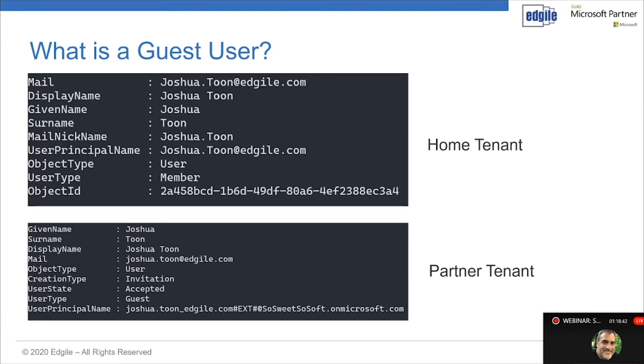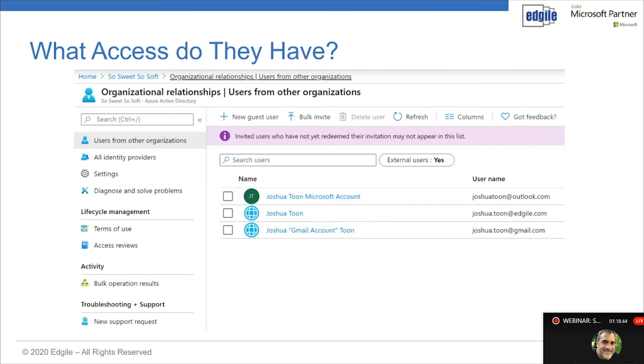The next time he tries to present it to your Office 365 tenant, he's not going to be able to get to the point where he could present a token and then be subject to your authentication and authorization requirements. It also gives us some new tools to look at: what access do they have? What roles have they been given in our Azure tenant? So I can see his account from Microsoft, his account from Edgile, and his account from Gmail.